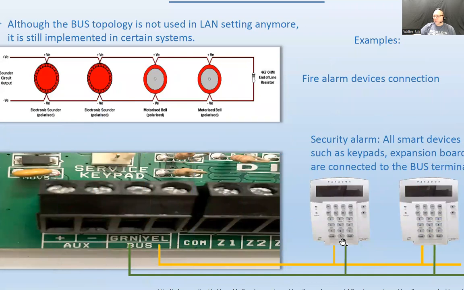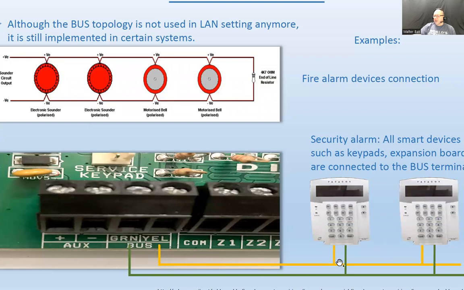The other ones would be red and black. And they will be connected to the power, auxiliary power. So they will be connected to power up this keypad, plus and minus, and they'll also be connected to this keypad, plus and minus. But also the communication port on each keypad is connected to the bus terminal.